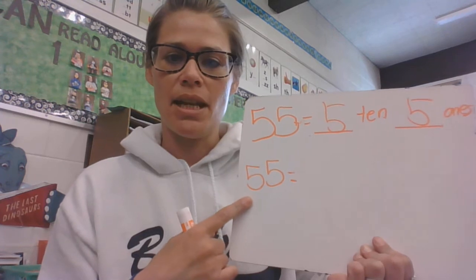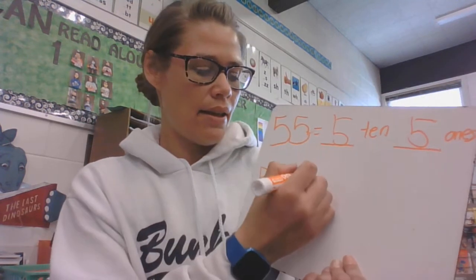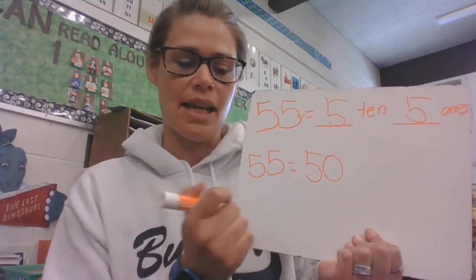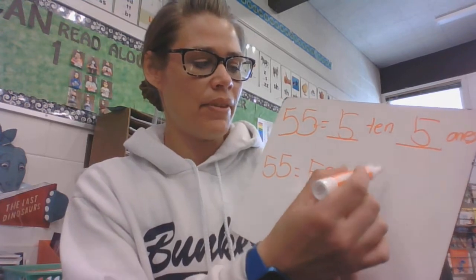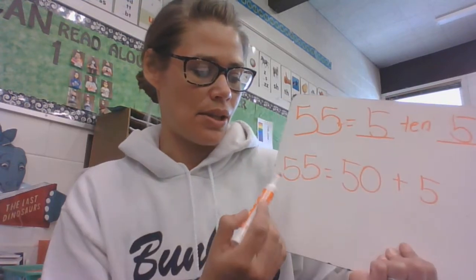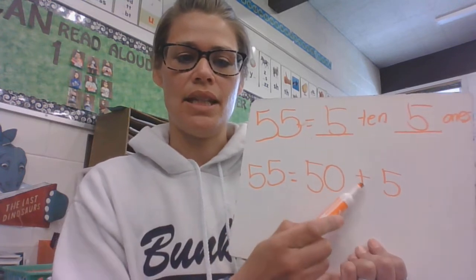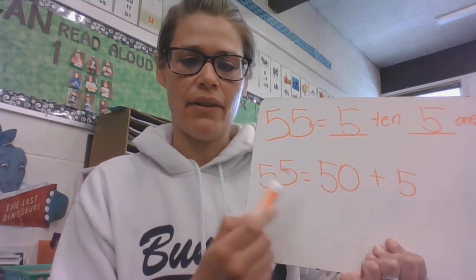And then if I'm going to make an equation, my 55 equals 50, because that was how many tens I had all together. I had 50's worth of tens plus 5 ones. So when I'm breaking 55 down, 55 equals 50 plus 5. I've got a 50 here and a 5.